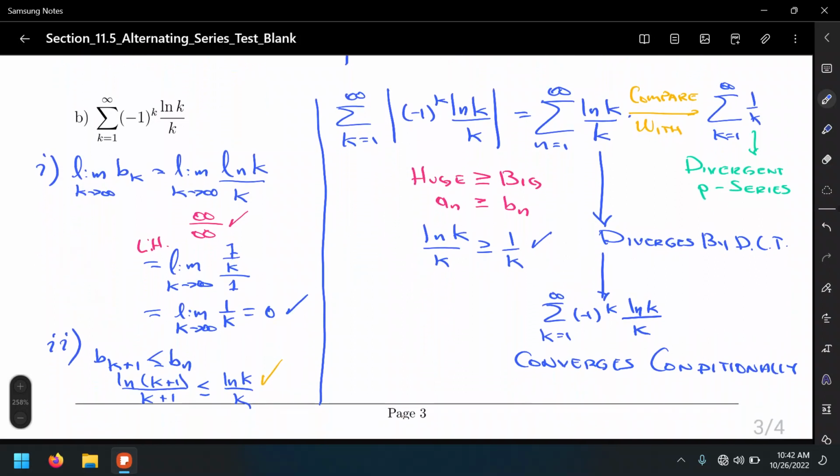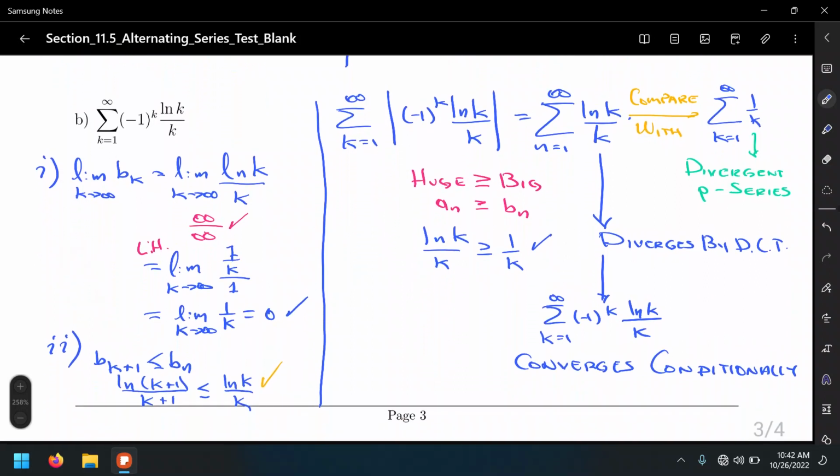Yes. The test basis, is it to show that it diverges? For this one? Yes, we use the direct comparison test. In this case, we compare the absolute value of the series, ln of k over k, with 1 over k, which is a divergent p series. So for divergence, we need to show that huge is greater than big.